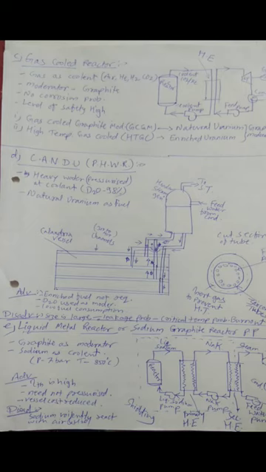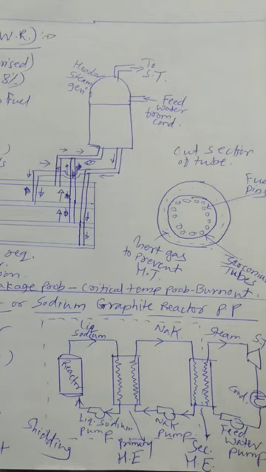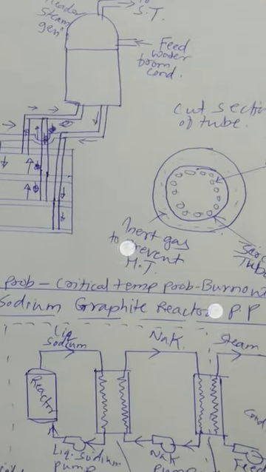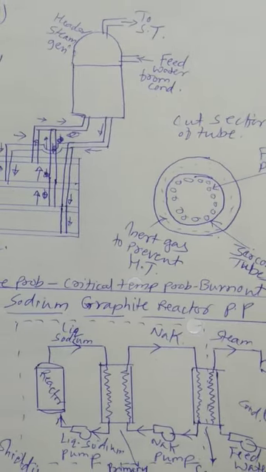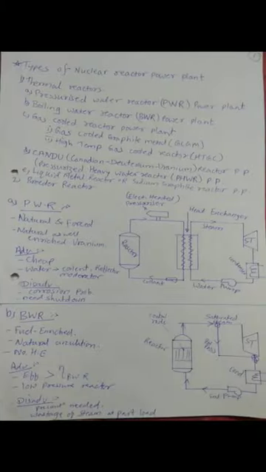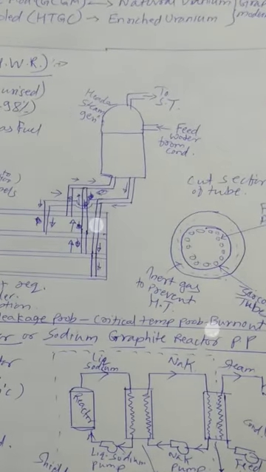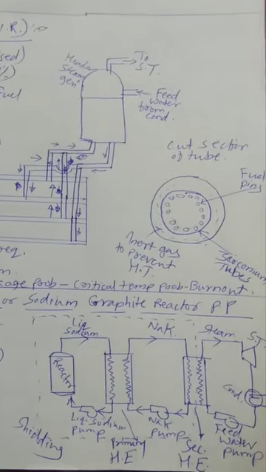Now moving to the last one, that is the liquid metal or sodium graphite reactor power plant. As the diagram shows, it utilizes two heat exchangers. There are three compartments given in the diagram, where the first compartment uses liquid sodium.